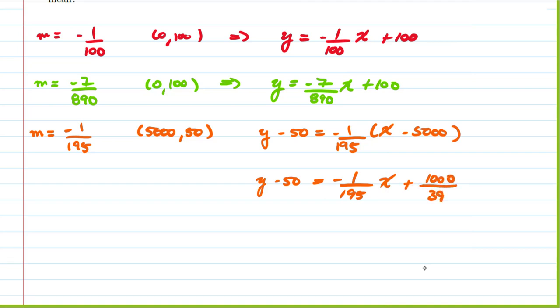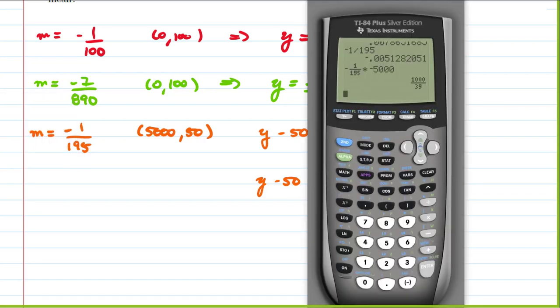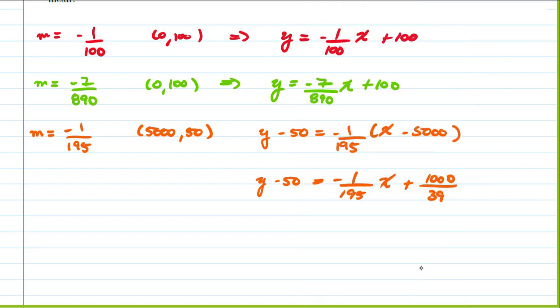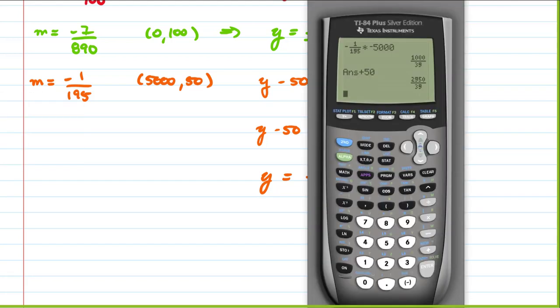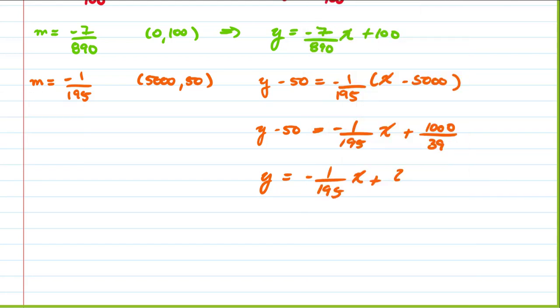And then we need to add 50 to that, so plus 50, and we get 2950 over 39. So y equals negative 1 over 195 x plus 2950 over 39. So those are each of our three equations.